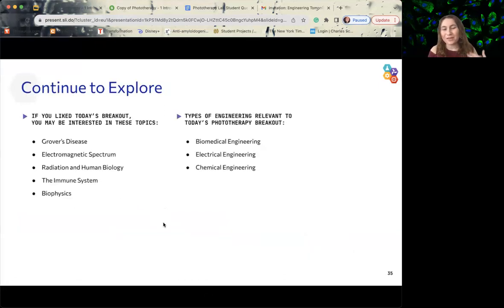And then I'll get into this a little bit when I wrap up today, but if you're interested in all of this, you may also be interested in Grover's disease and actually going into physics with light. And you may also be interested in biomedical engineering, electrical engineering, chemical engineering, but also keep in mind that within engineering, nearly every type of engineering is involved within the space of medicine, right? You need computer engineers to, for example, when it comes to an MRI machine, build circuit boards for the MRI machine.